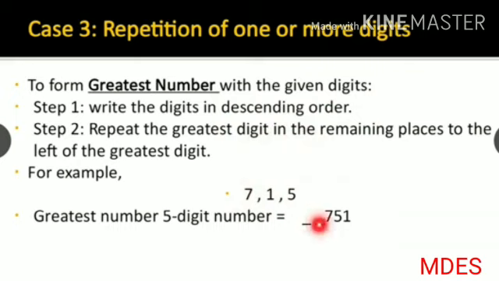So just repeat the 7 in the remaining places towards the left of the greatest digit. So our answer is 77751. So the greatest 5-digit number is 77,751.